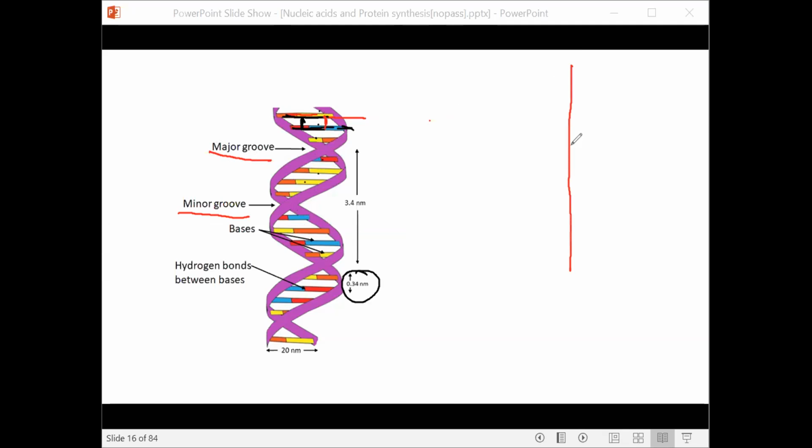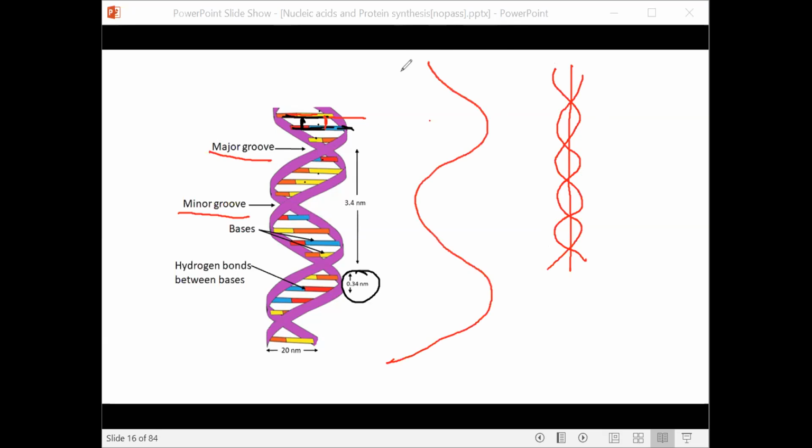When I say this, make a straight line. Two strands are there. They can be like this, right? No, rather, it is not like that. It is twisted in a particular fashion, right? It is going this way, and the other complementary strand goes kind of parallel with it to a certain point, and then twists.